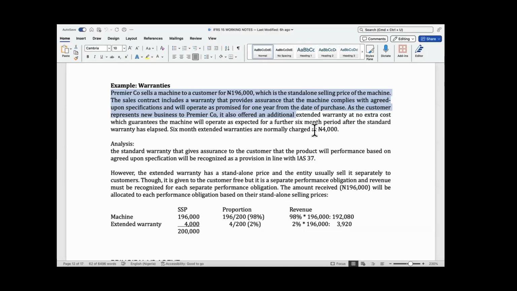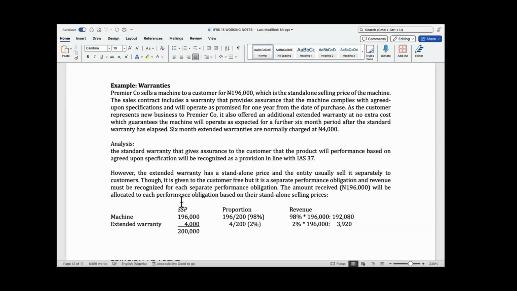Because this extended warranty is a separate performance obligation, we had to allocate part of the transaction price to it, because step 2 of the 5-step model requires that you recognize revenue for a performance obligation that is distinct.